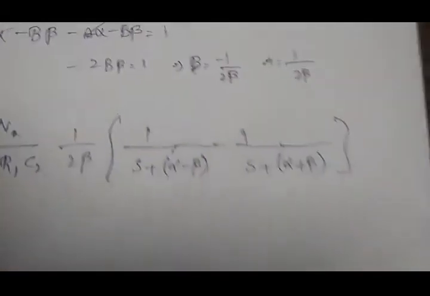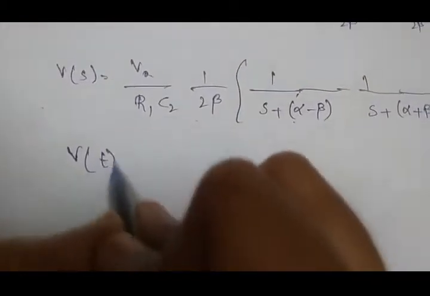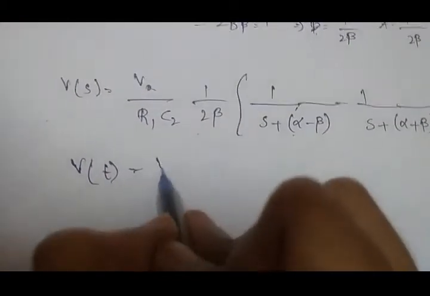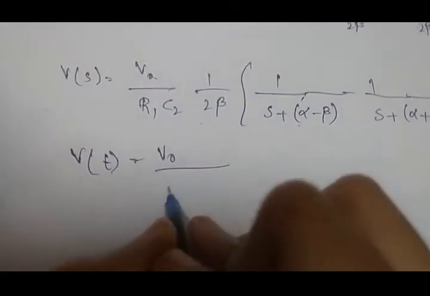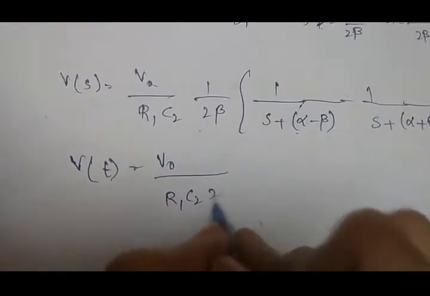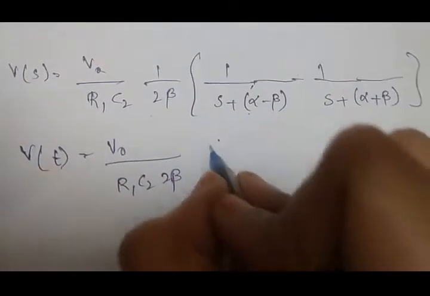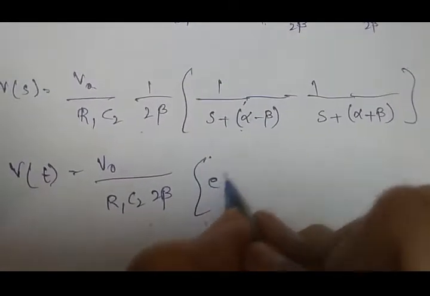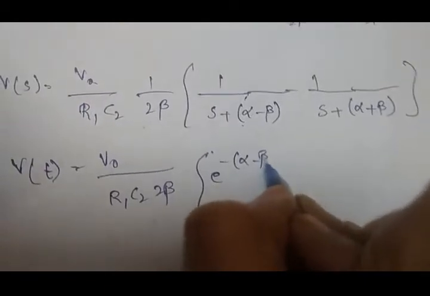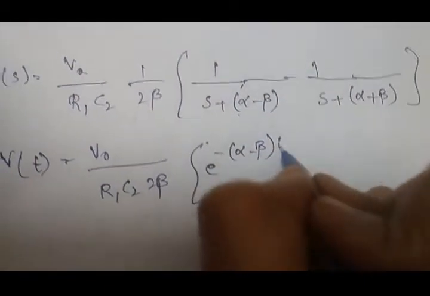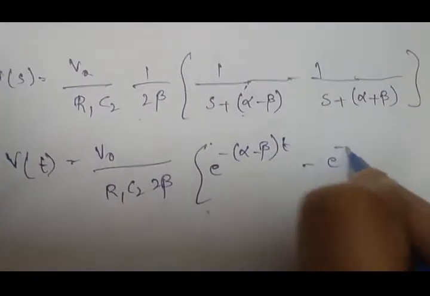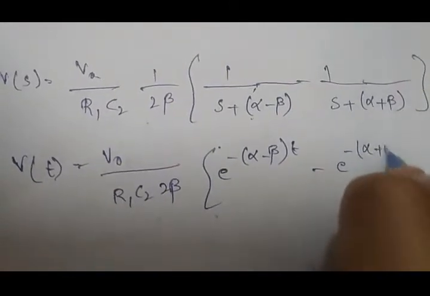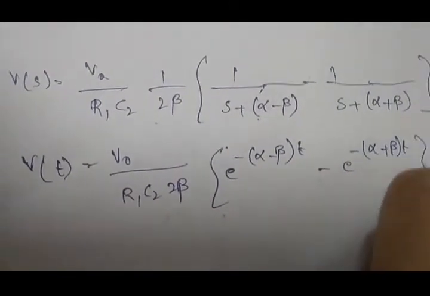So already we know our inverse Laplace transformation. So try to apply this inverse Laplace transformation. This entire thing will be your magnitude. So V naught by R1 C2 2 beta, take the inverse Laplace here. So e power minus alpha minus beta t, minus e power minus alpha plus beta into t.